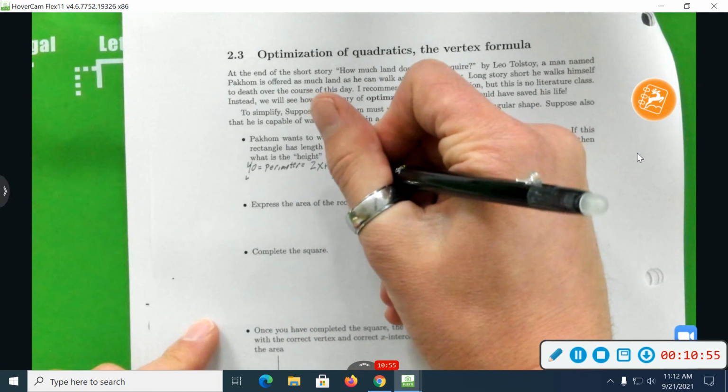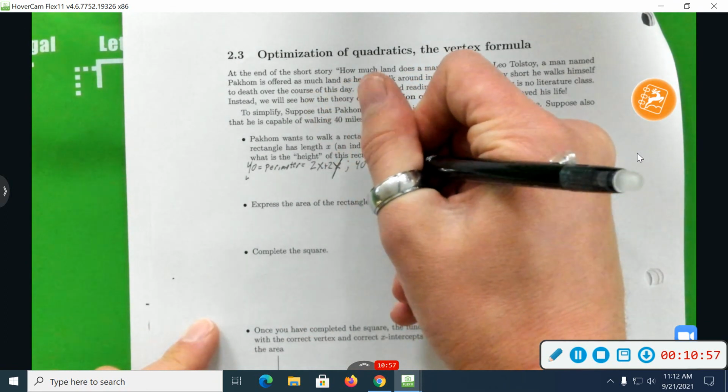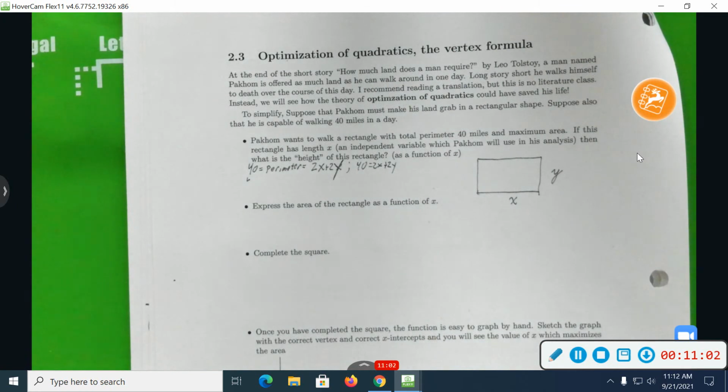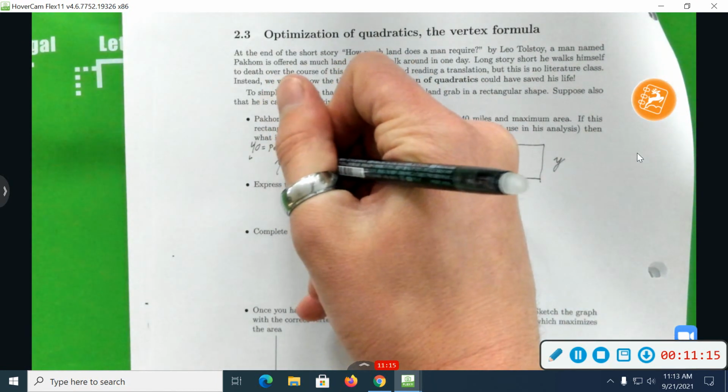So I have this equation, 40 equals 2x plus 2y. Does that look like something that you could solve for, say, y? Yeah, and I don't want to do it, so I just want you guys to have already done it. What is y? Yeah. 20 minus x. I hear 20 minus x.